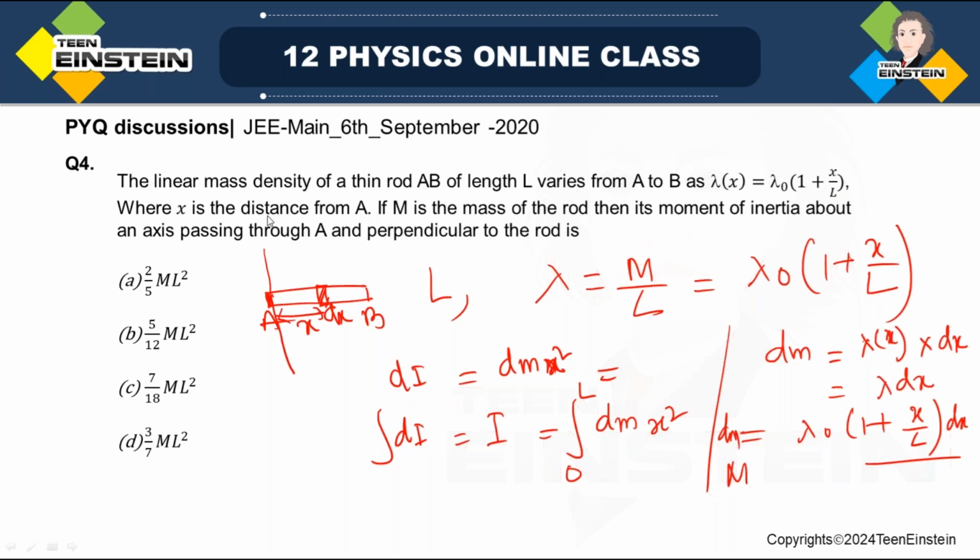Here x is the distance from A, yes, that is fine. M is the mass of the rod, this is also fine.